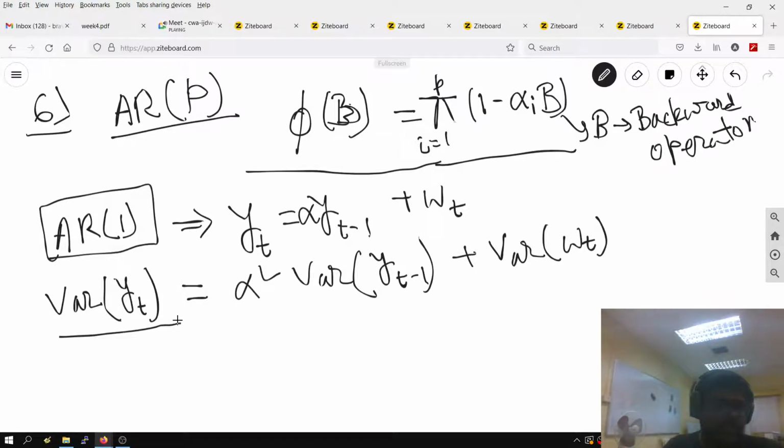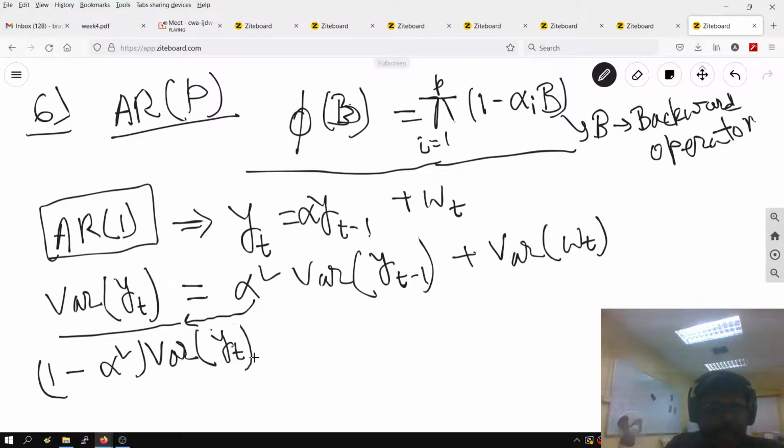Let us shift this to the left side. So it becomes 1 minus alpha square into variance of Y_t equals variance of W_t, right?